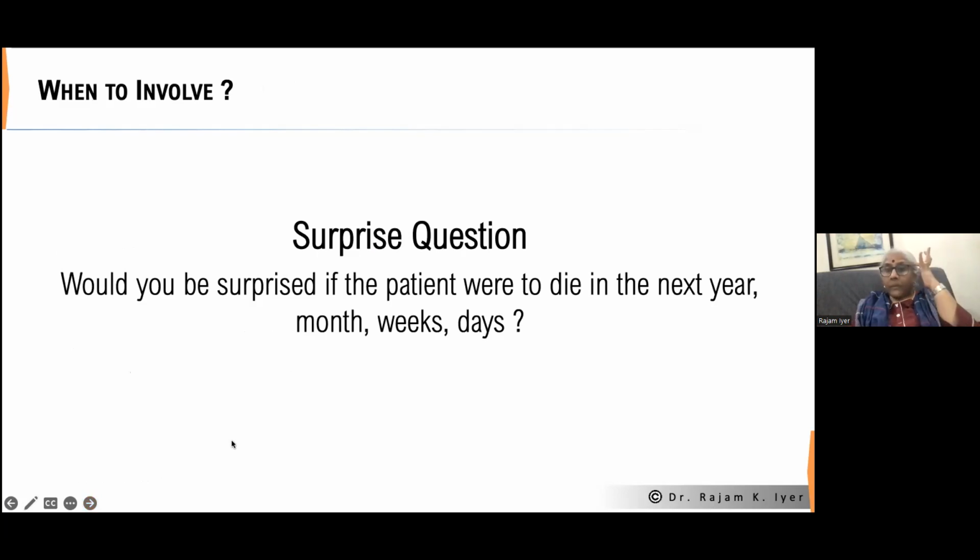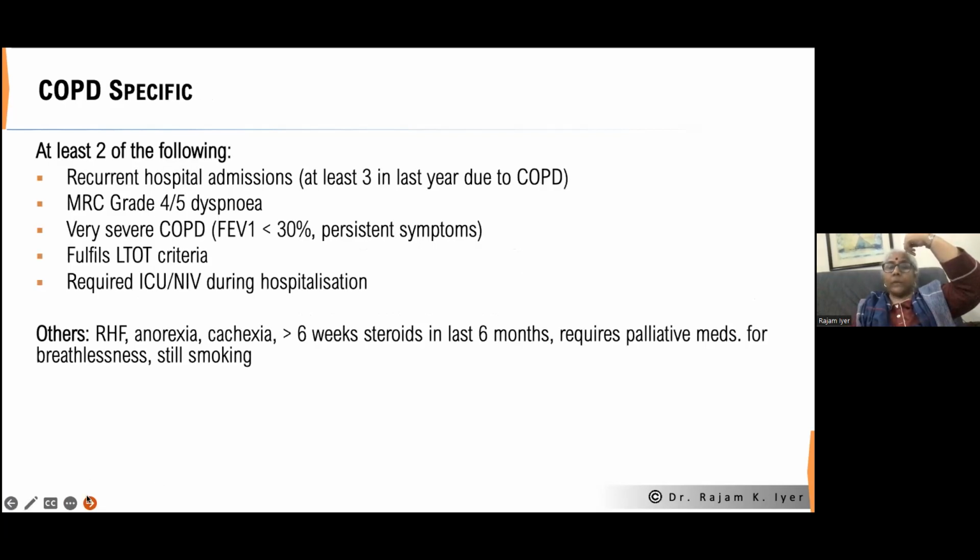So the surprise question should be: if this patient is sitting in front of you, will I be surprised if he dies in the next 1 year? If the answer to this question is no, it is time for palliative care. There are some indicators for this kind of question in the first place.